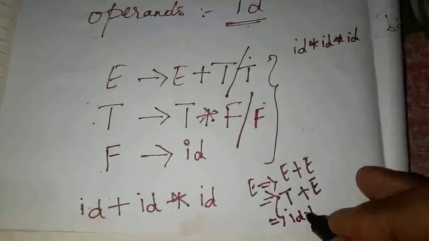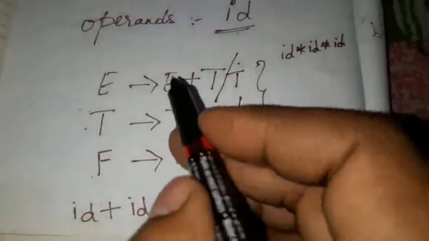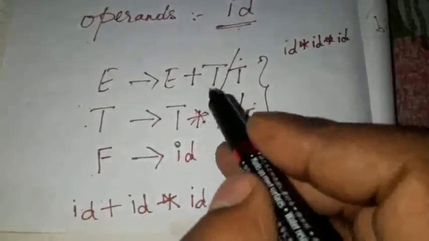So I'll write this as ID plus this rightmost T, which I'll be replacing.